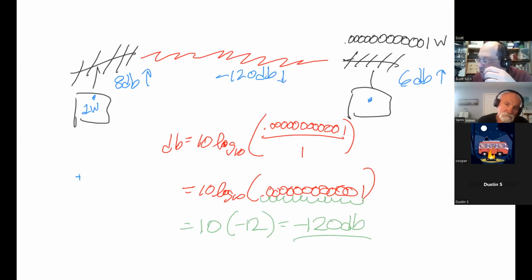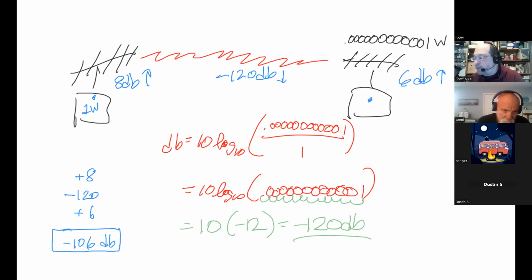Well, we have plus 8 minus 120 and plus 6 is minus 104. No, that's not right. Minus 106. So that is our overall path loss. And we can figure out if we have 1 watt here, exactly how much energy gets to the other end.